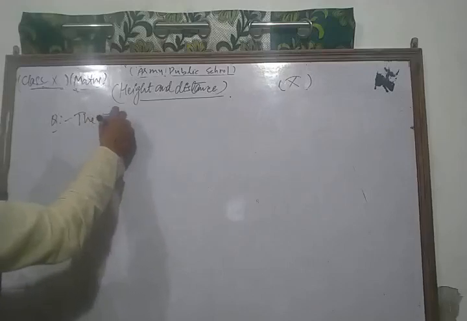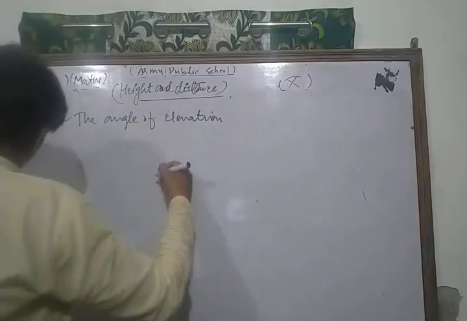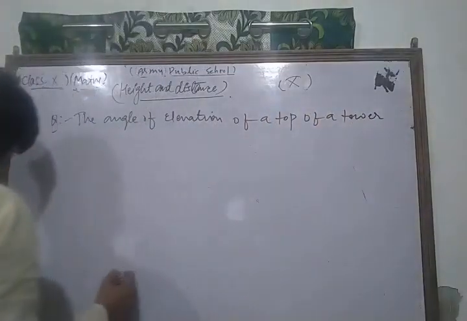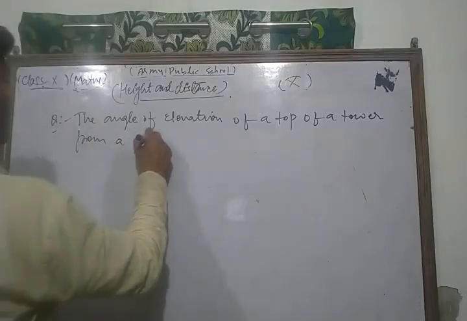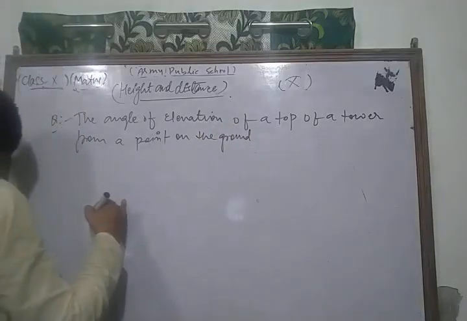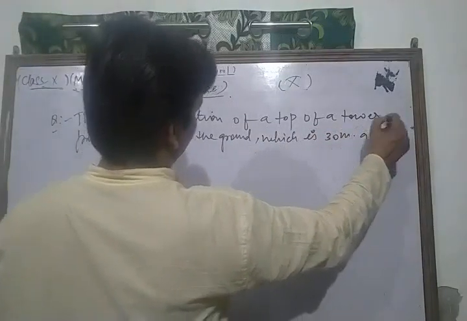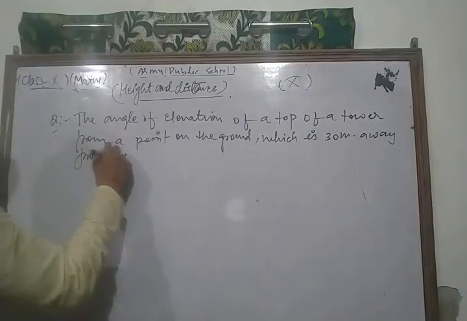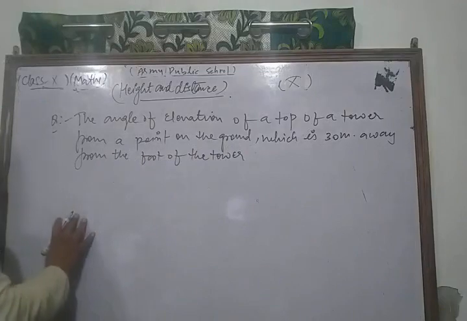The angle of elevation of the top of a tower from a point on the ground which is 30 meter away from the foot of the tower is 30 degree.